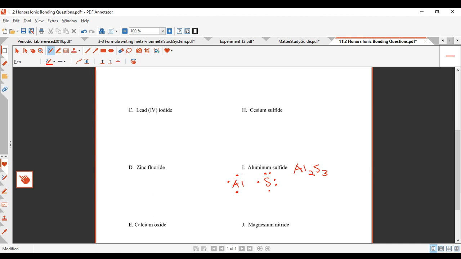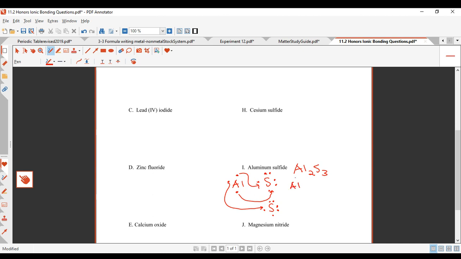Now, aluminum can only transfer 2 of its electrons to sulfur because sulfur cannot end up with more than 8 valence electrons. So if aluminum is not stable yet, it has another valence electron, so we need another sulfur. Aluminum could transfer its third electron to the other sulfur, but sulfur is now not stable and needs another valence electron.